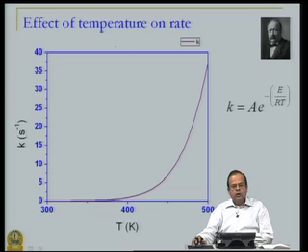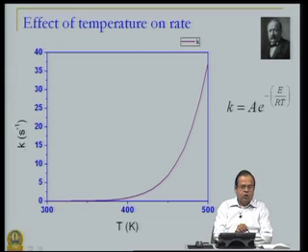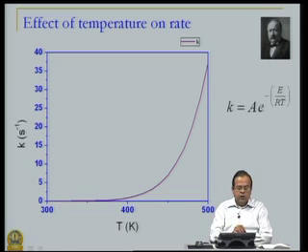What experimentally people had observed even before Arrhenius gave this mathematical expression was this: what we are seeing here is the rate constant on the y axis as a function of temperature, and the rate constant increases as temperature is increased, and in fact the increase is exponential in nature.